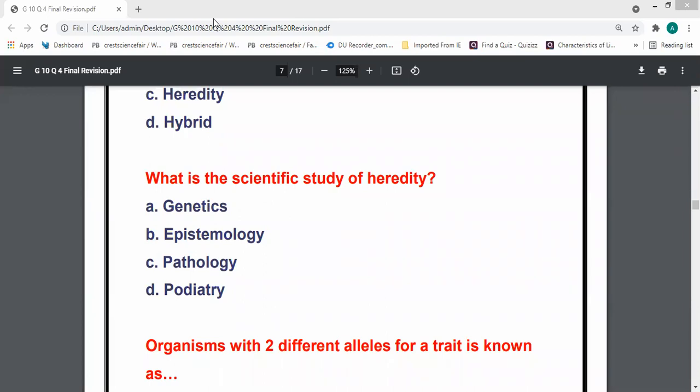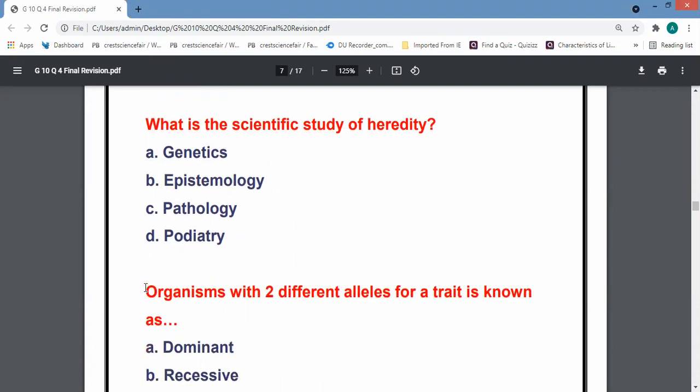Mahmoud Ibrahim, you joined us later. Okay, can you answer this question? What is the scientific study of heredity? Genetics. Excellent.